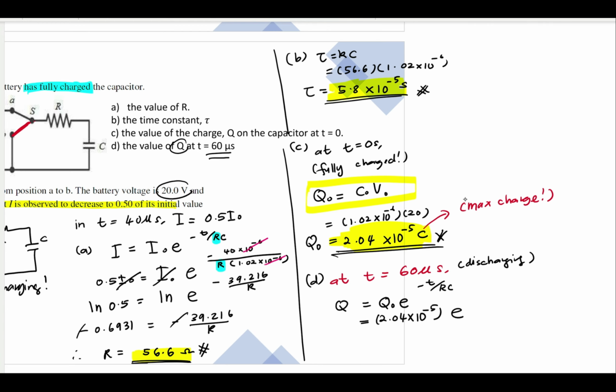Sebab RC yang dekat soalan B ni kita dah kira dah time constant. So 60 micro bahagi dengan RC, 5.8 exponent negative 5. So kita boleh teruslah dapat jawapan 7.3 exponent negative 6 coulomb.